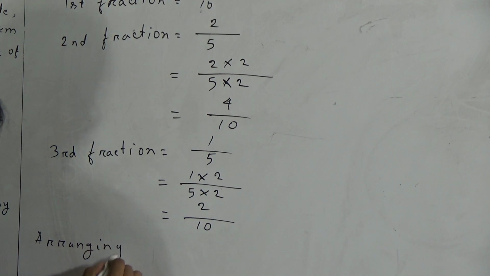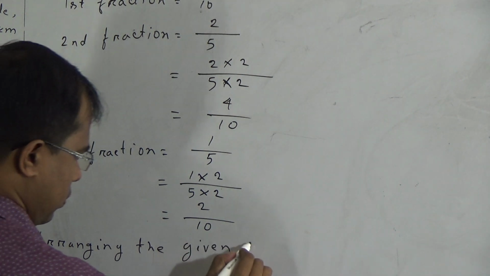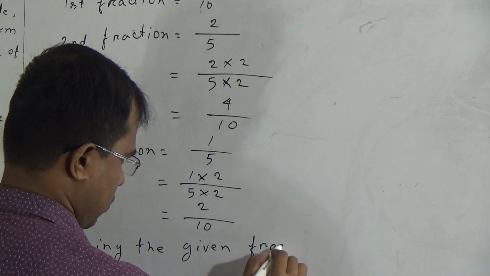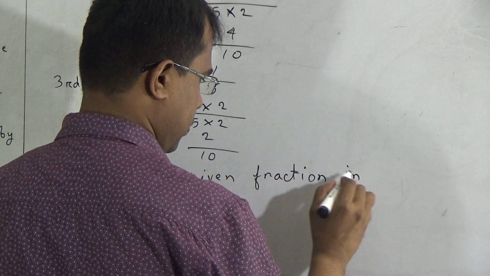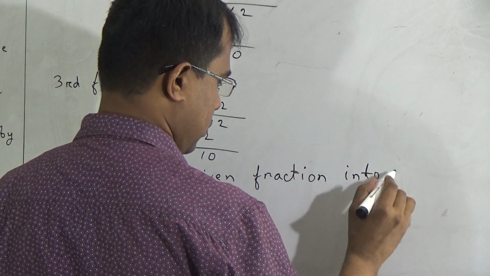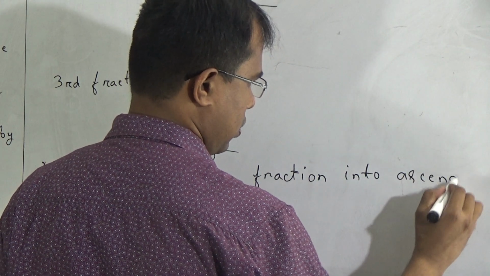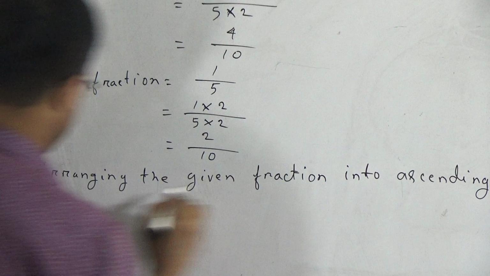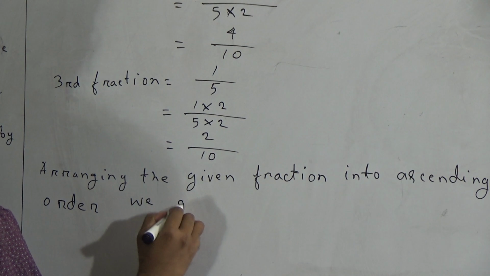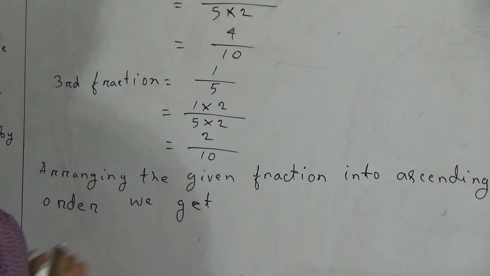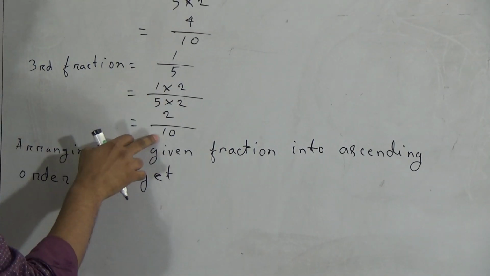Arranging the given fractions into ascending order, we get here the smallest fraction is 2 by 10 and instead of 2 by 10 we can write 1 by 5. 2 by 10 and 1 by 5 same.